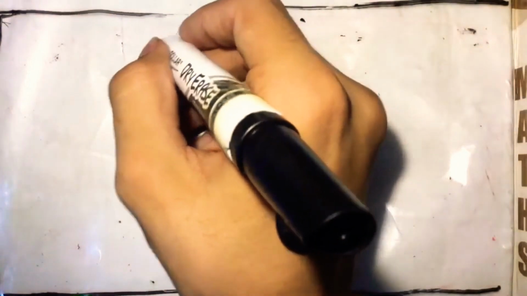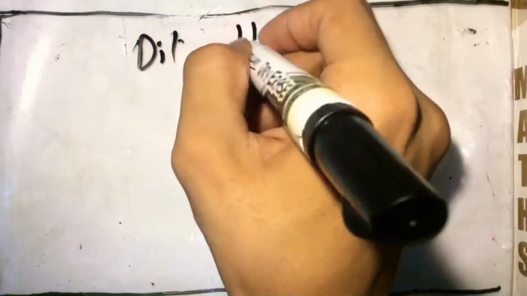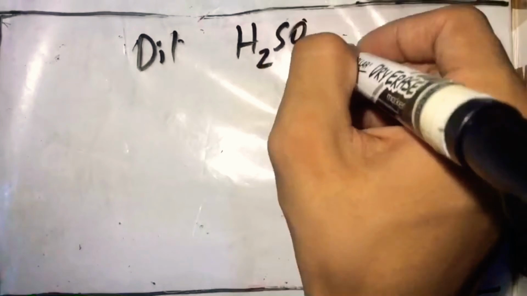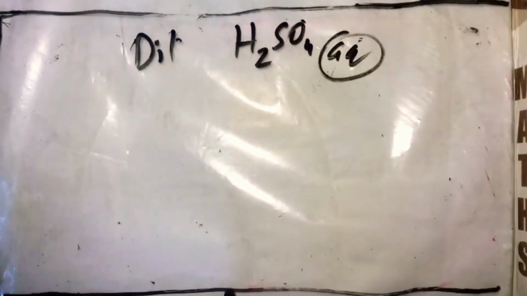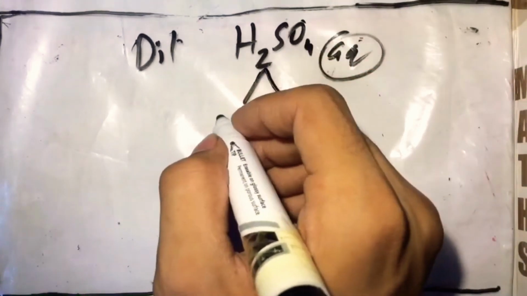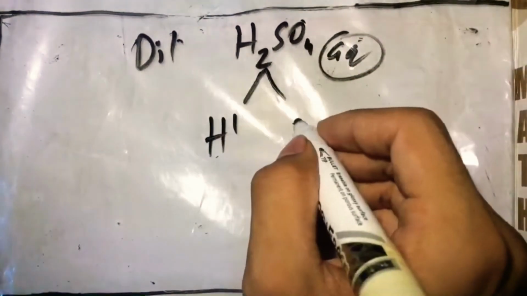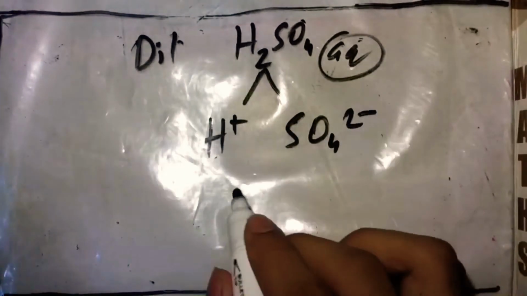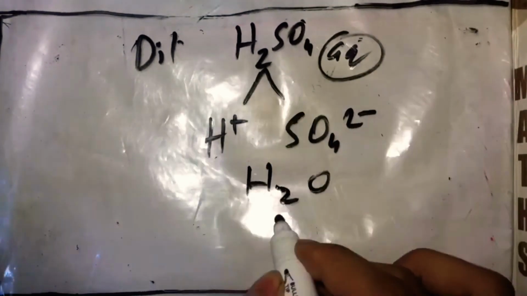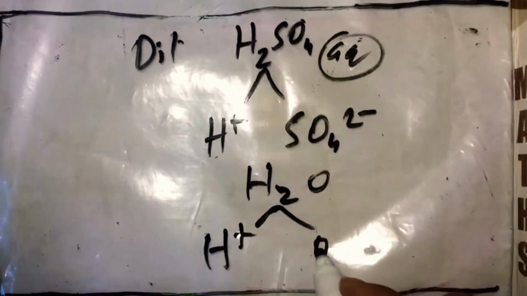For the electrolysis of dilute sulfuric acid, that is aqueous, the ions in the solution will be H positive, SO4 negative, and from water H positive and OH negative.